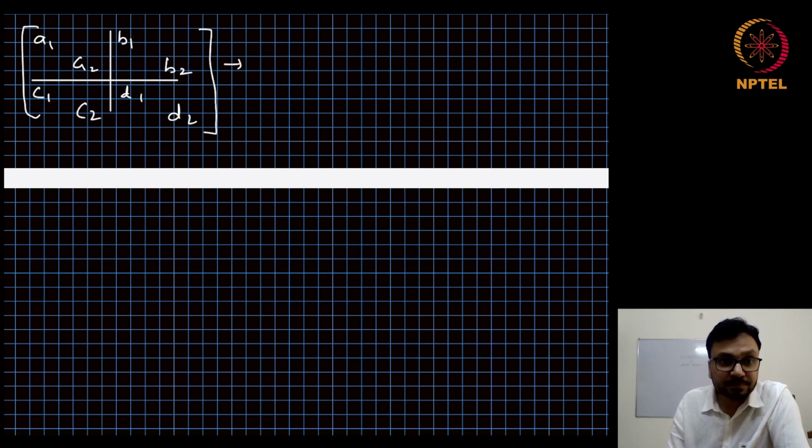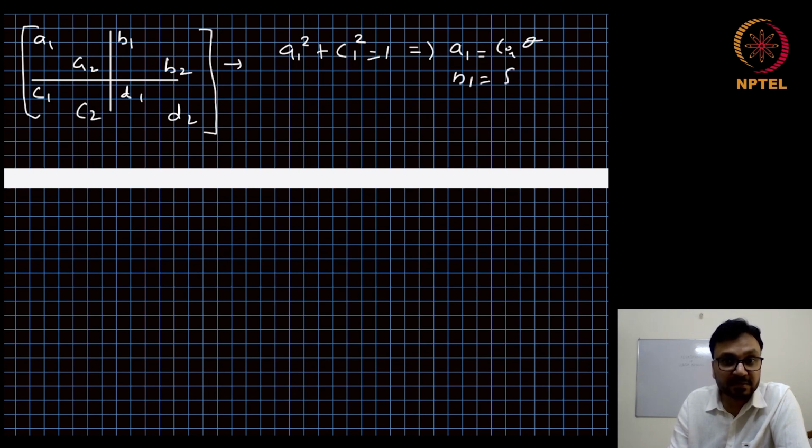It means we have A1 squared plus C1 squared equals 1. This implies that we can assume A1 is cos of theta and C1 is sine of theta. Okay, we are fixing the sign here. Then this was about the first column. Now the first row says A1 squared plus B1 squared is 1.